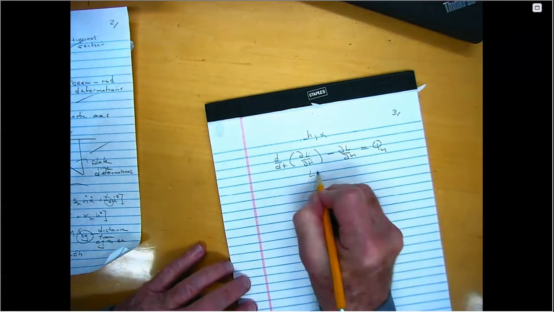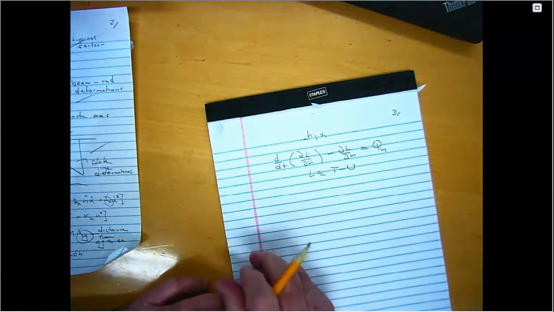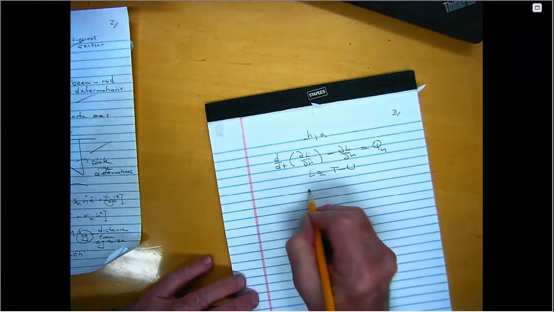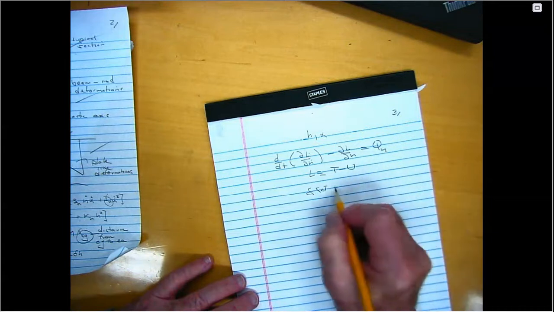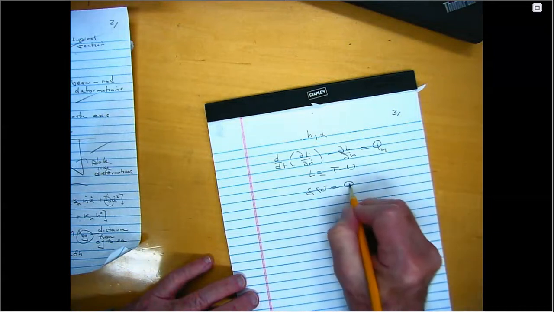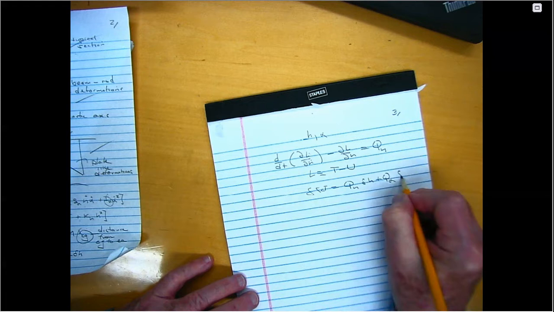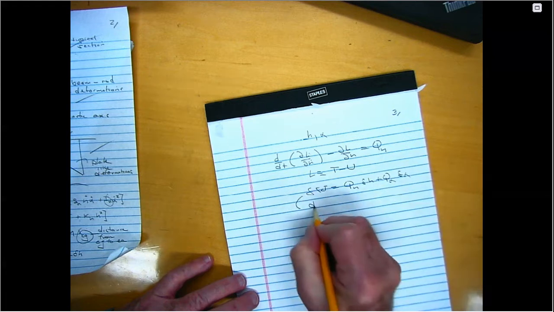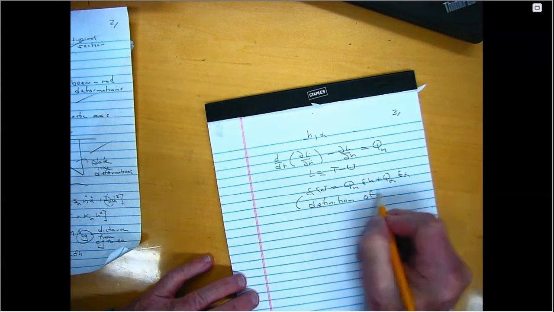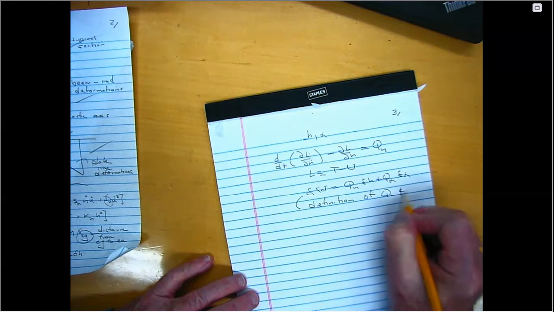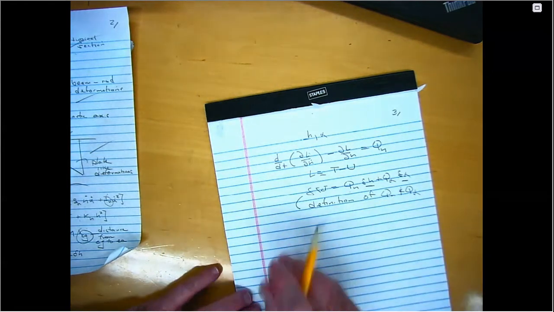And L, of course, is defined to be the difference between the kinetic and potential energy. And the definition of these Q's, and there's also a Q sub alpha, is Q sub h times delta h plus Q sub alpha times delta alpha. This is the definition of Q sub h and Q sub alpha. It's the thing you multiply delta h and delta alpha by to get virtual work.